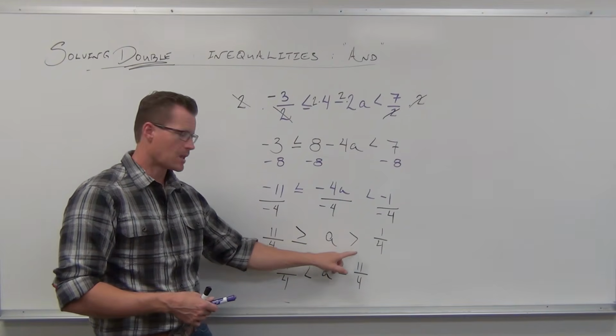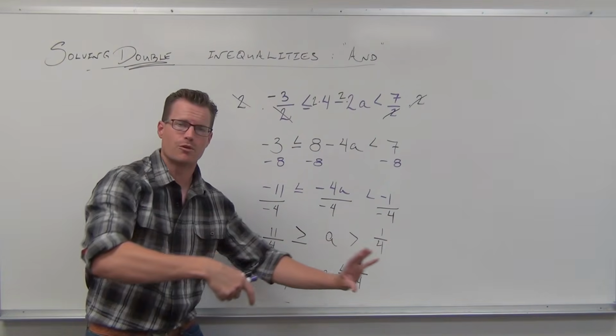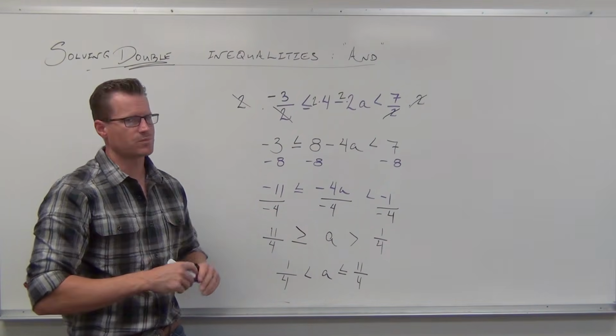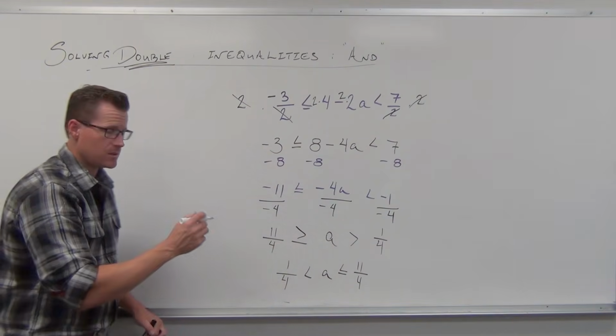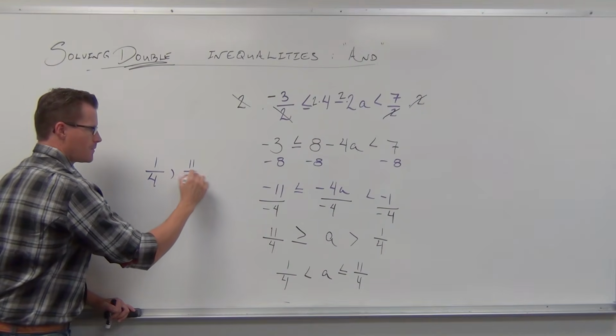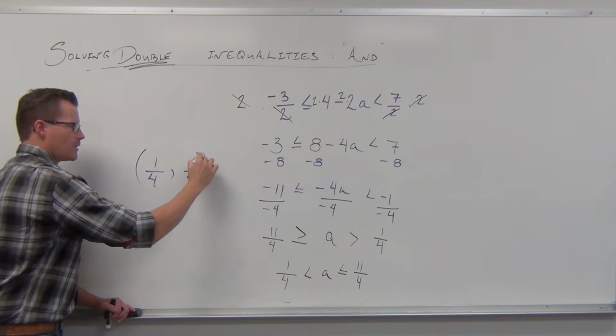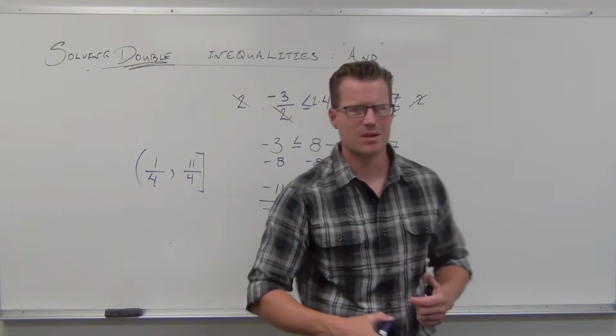It says it right here. But yes, including 11/4. It says it right there. It just follows that around when you reverse it. Do your interval notation, which comes directly from this, is kind of nice. It says I'm just looking for the numbers between 1/4 and 11/4. That's the idea of compound inequalities when they relate to and.